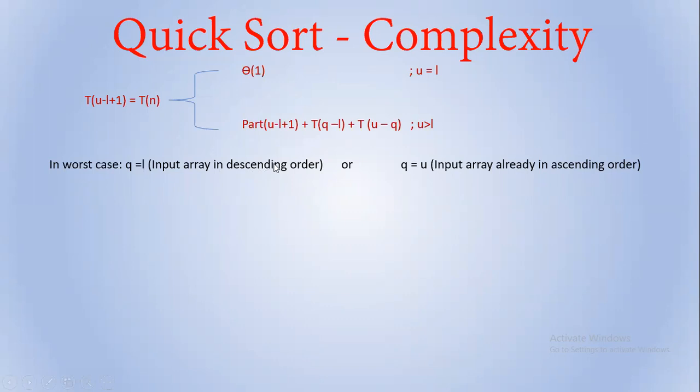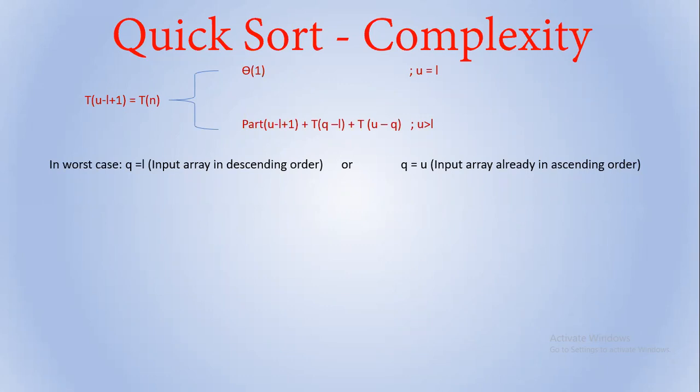So if the last element is selected, you can imagine the partition. The last element will be selected and checked against all the elements. When that is checked, AJ will always be greater than the pivot value.